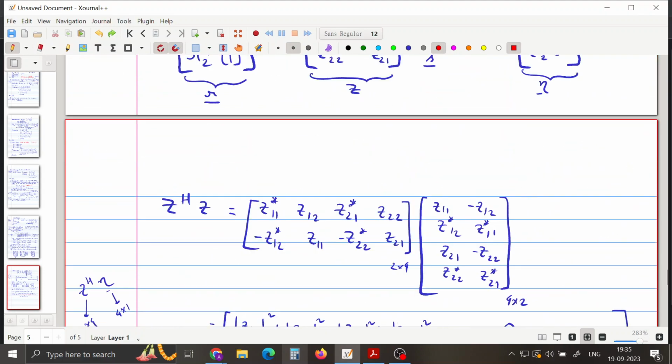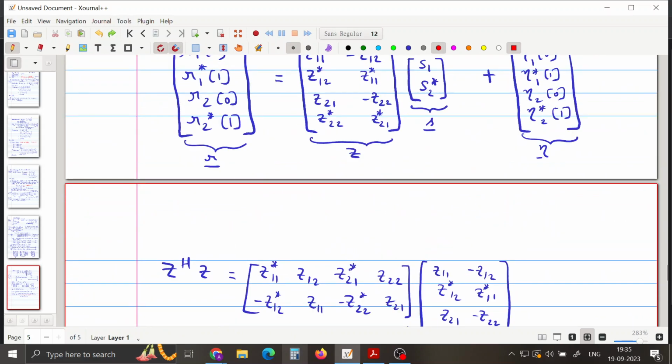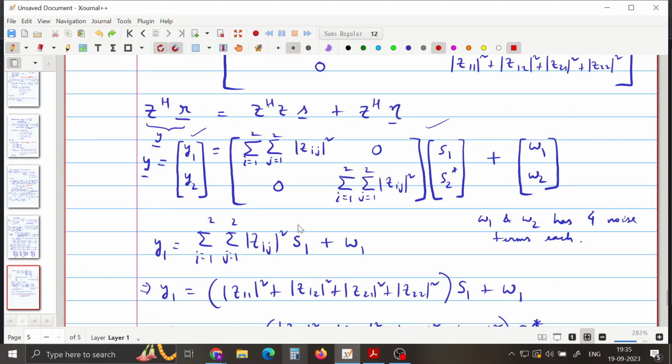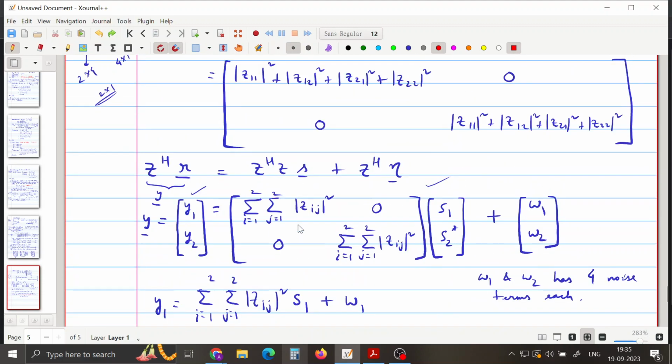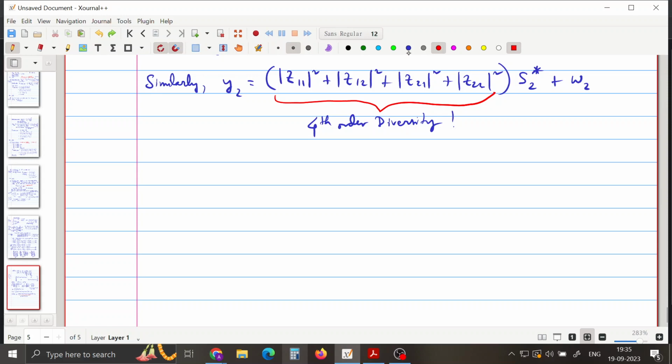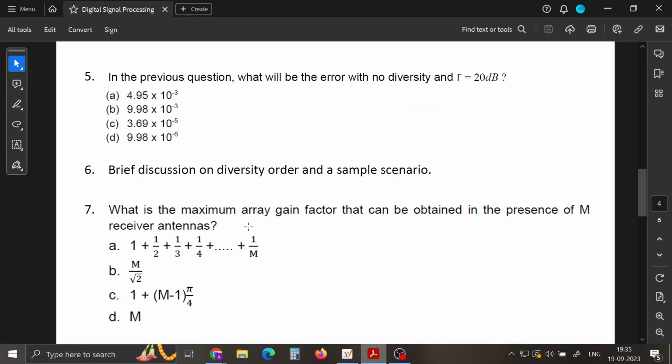We expressed it in the form of a matrix, found the Z matrix, then performed the Z Hermitian Z operation, and then we get the overall signal components, right? So that's all I had to say on this, and let's now move to the next questions. The 6th question is not really a question, just a discussion, so we have done that.